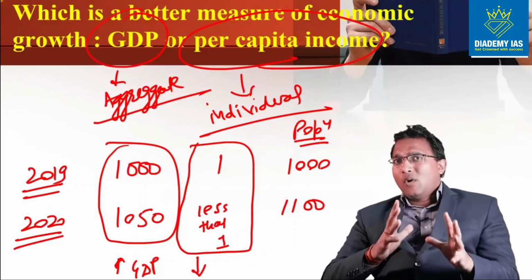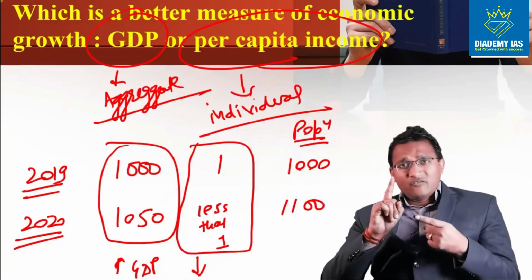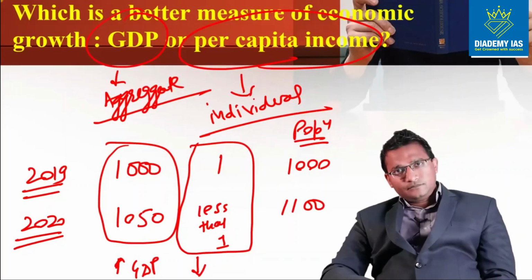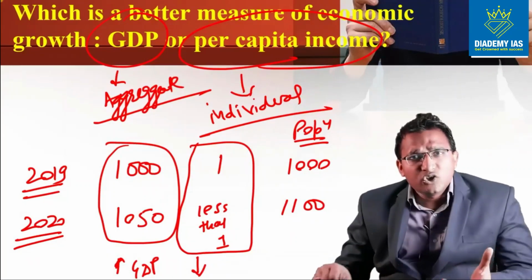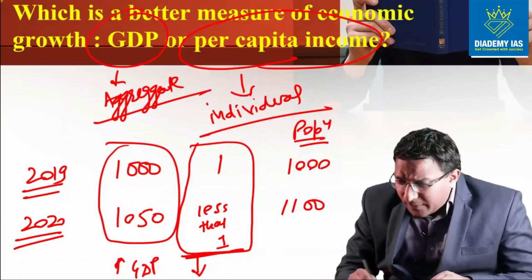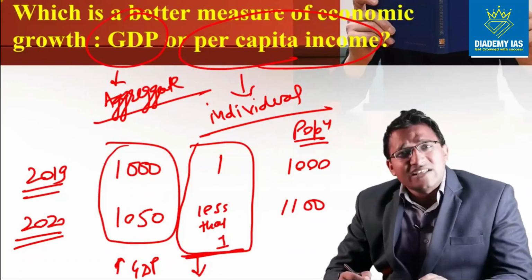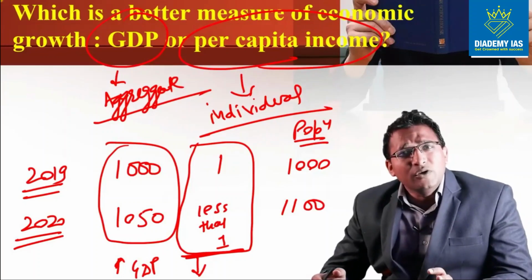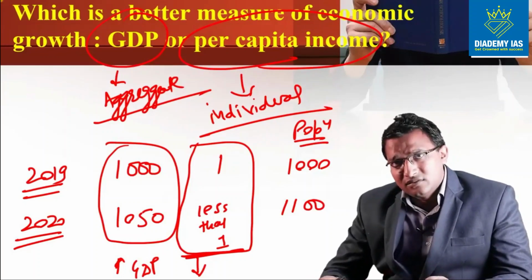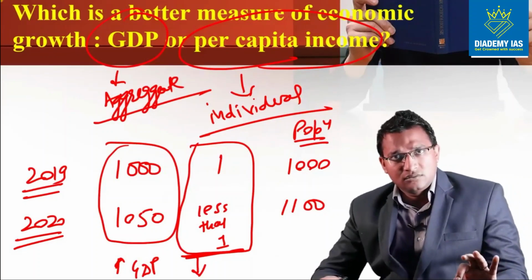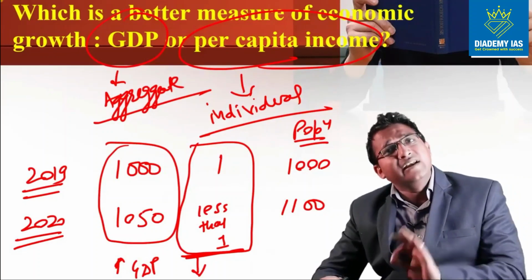So now I am asking you whether we should go for the aggregate or for the individual. The answer is very clear. We should go for the individual or per capita, because if per capita income is decreasing, how can we say that our economic growth is happening? So we will calculate both aggregate and individual.